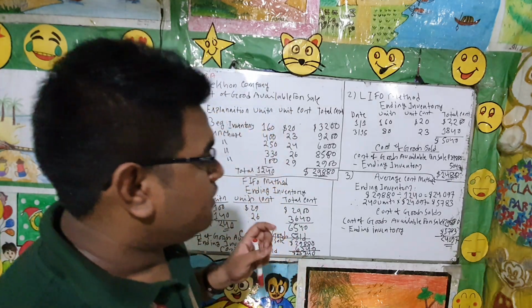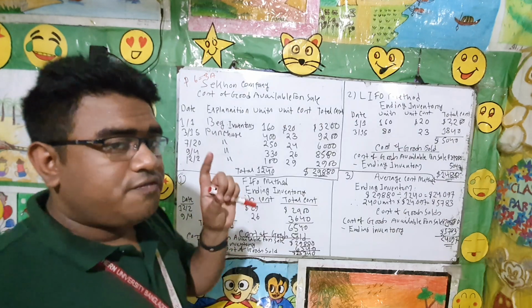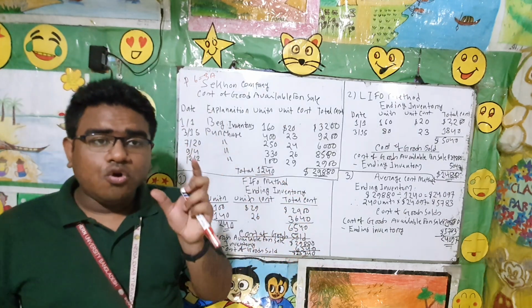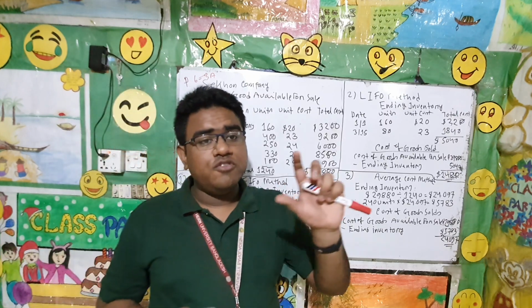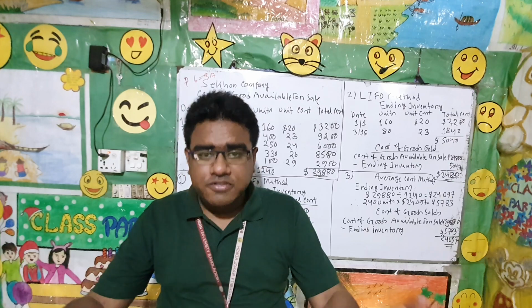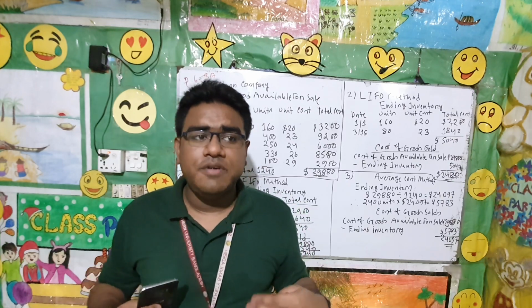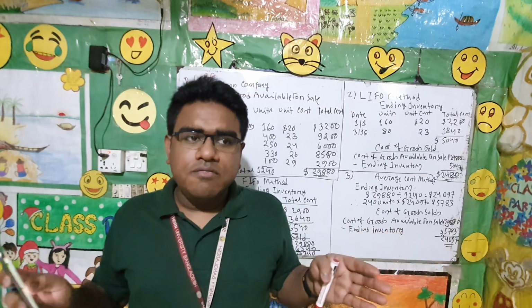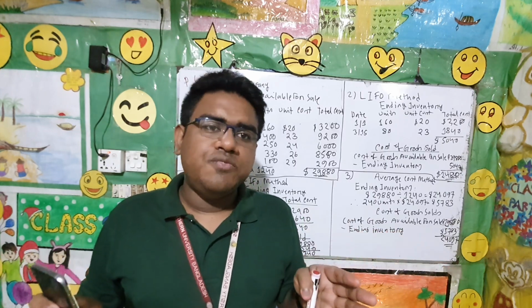Okay, so the instruction is, first you have to show the cost of goods available for sale. Available for sale means before selling, how much goods I have: beginning plus the entire year's purchases.